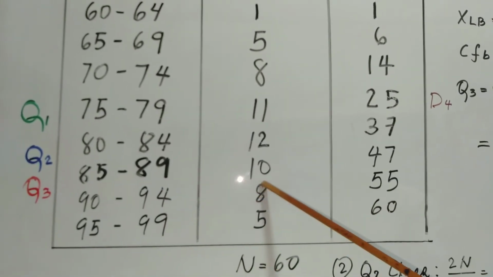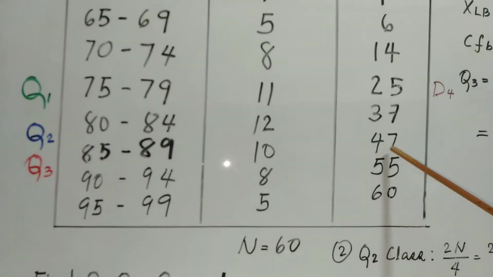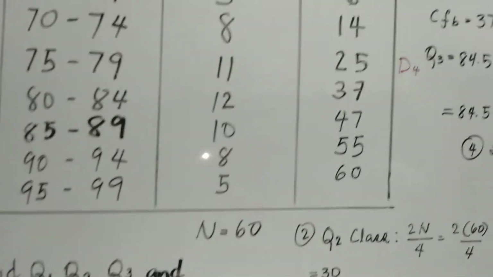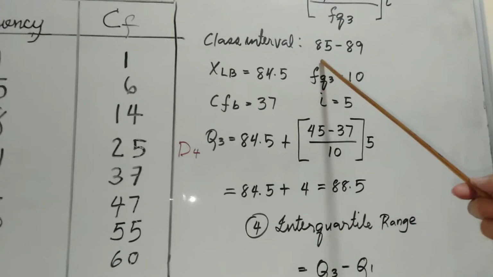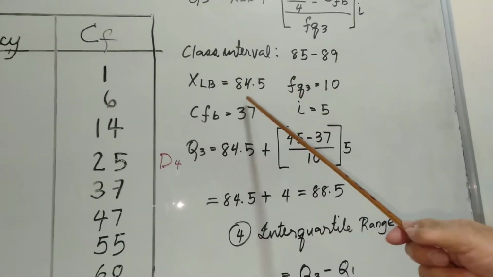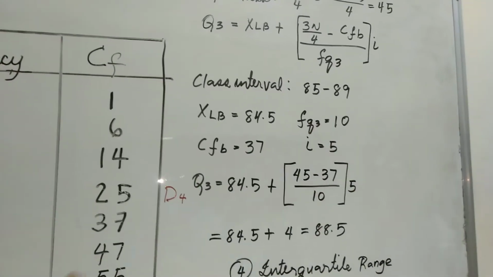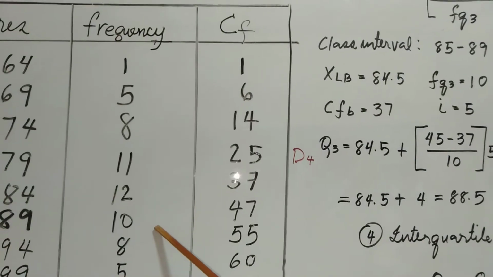The frequency will be 10, and this 47 will be the value for the cumulative frequency. So the lower bound is between 85 and 84, that is 84.5. The frequency for the third quartile is 10.